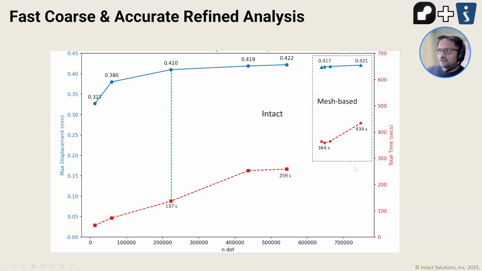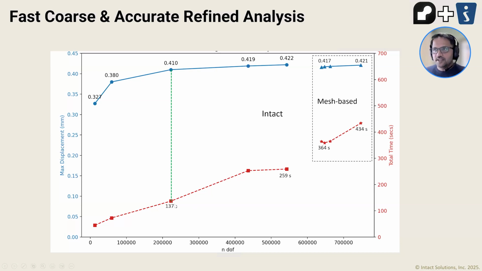The dashed window shows results from a mesh-based simulation of the same geometry. As you can see, the convergence is very similar, 422, 421, but the time taken for convergence is almost half, 259 seconds versus 434 seconds. So faster at very refined analysis.